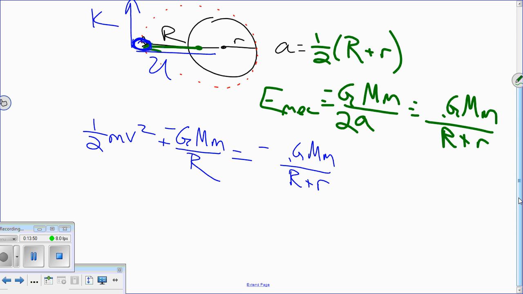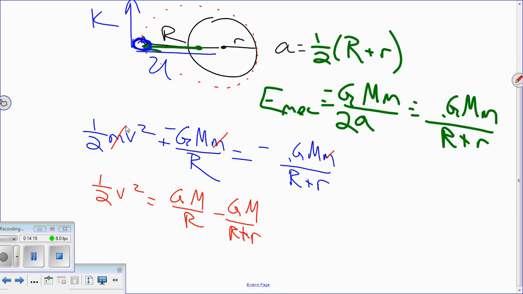Okay, cool. So from here we can solve for v, right? All of the lowercase m's cancel out. So I want to add this to both sides. So I'm going to get 1/2 v squared equals, if I add this to both sides, GM over R minus GM over r plus R. You guys can do the algebra from there.